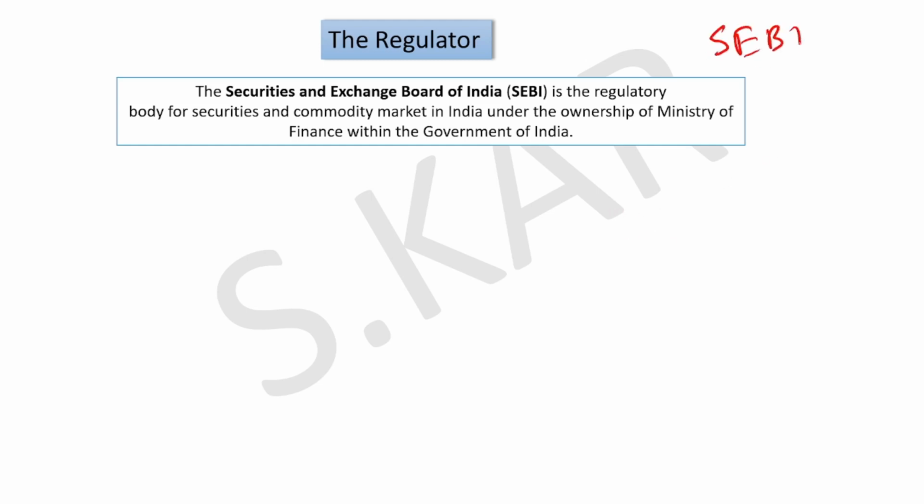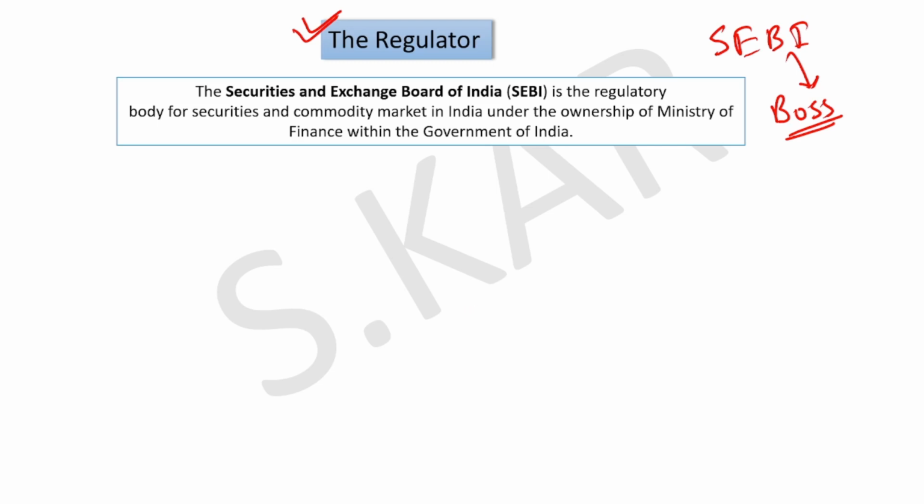Think of SEBI as the boss. SEBI is the boss. Now as the name suggests, it is the regulator. It regulates and it specifies the jobs of every other entity.